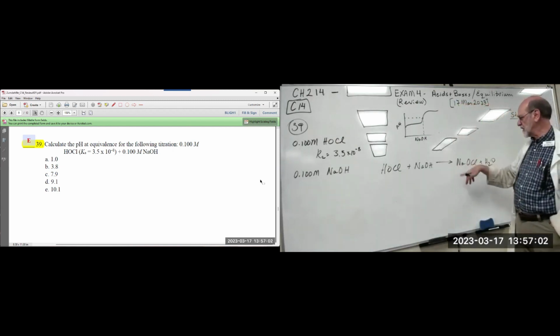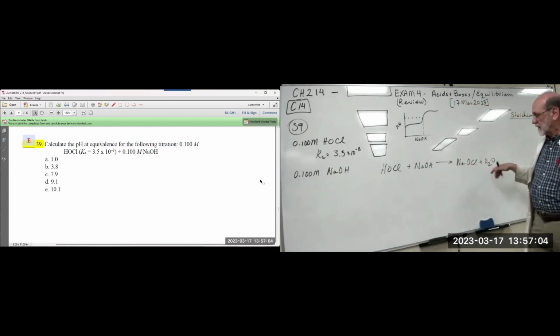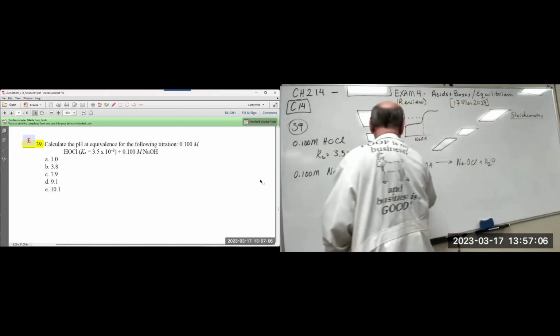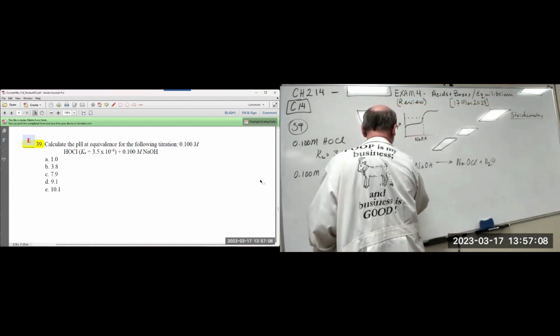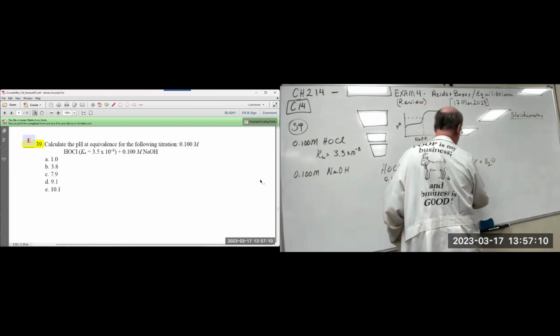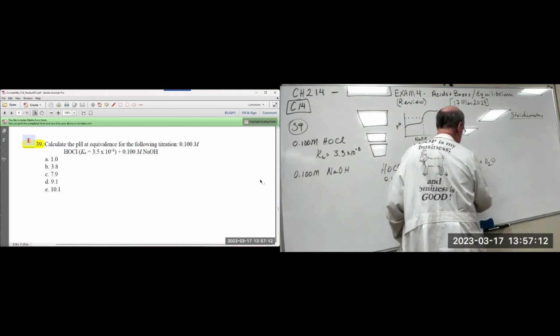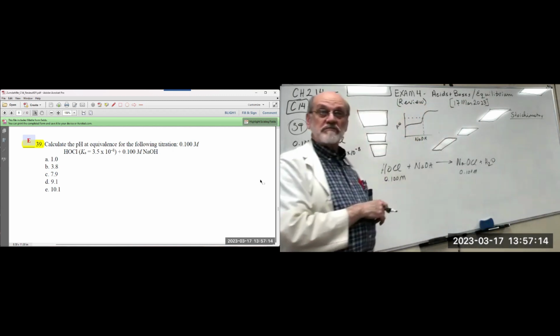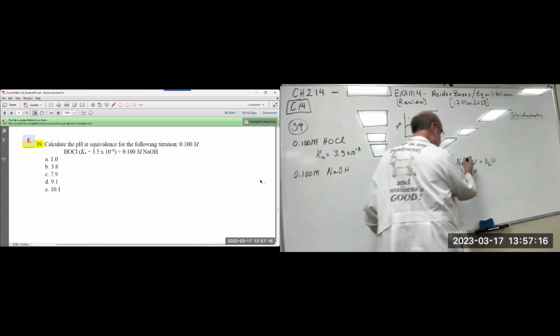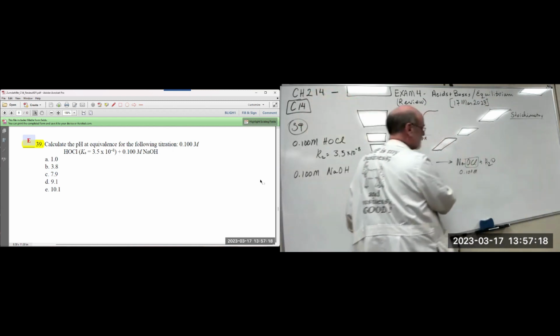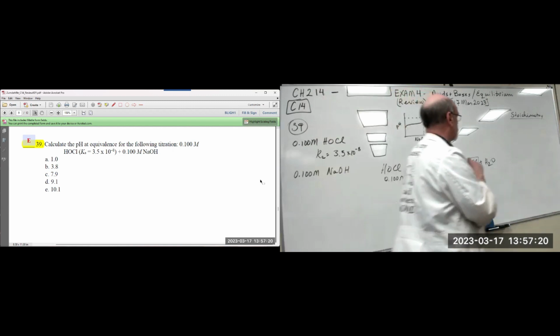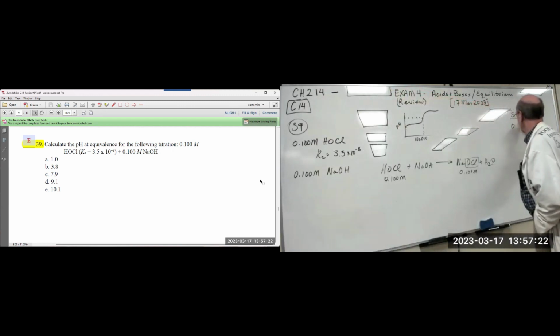Acid, base, salt, water. This concentration is 0.1 molar. What's this concentration? 0.1 molar after the reaction. So that means this concentration right here is 0.1 molar. So the stoichiometry says we're going to end up with this ion at 0.1 molar concentration in solution.